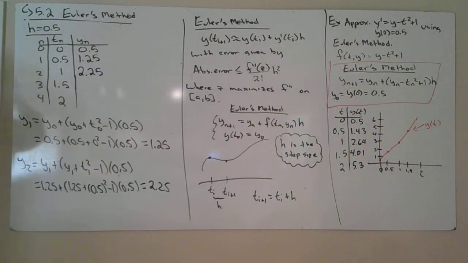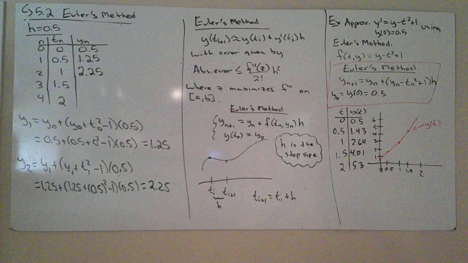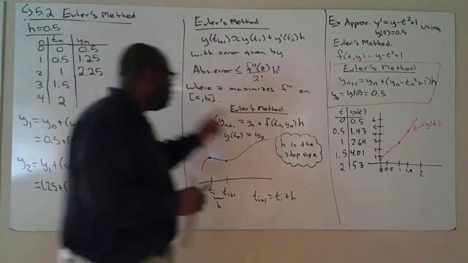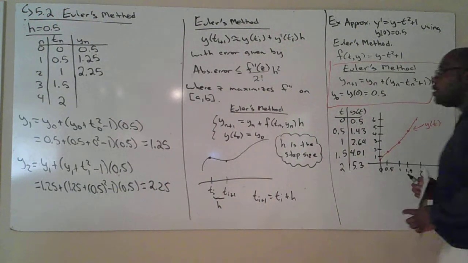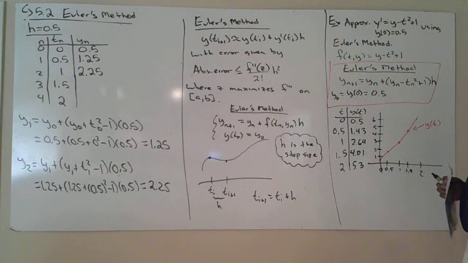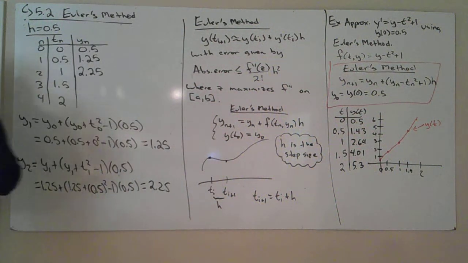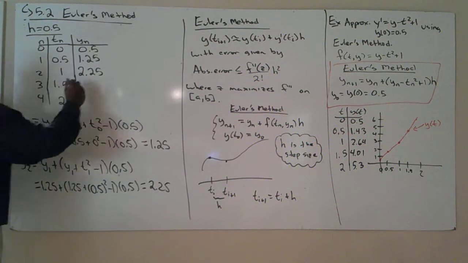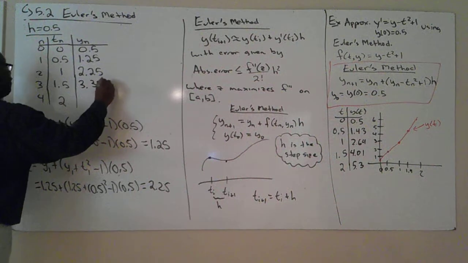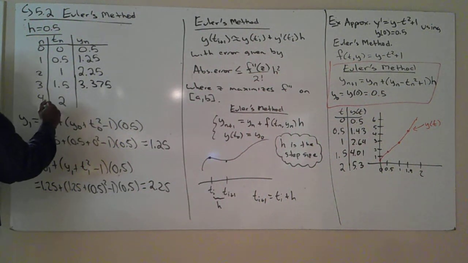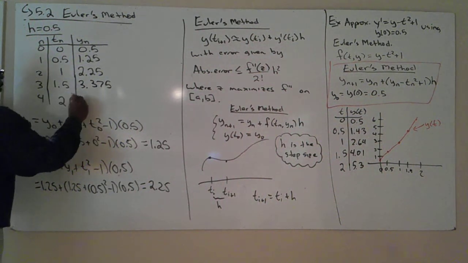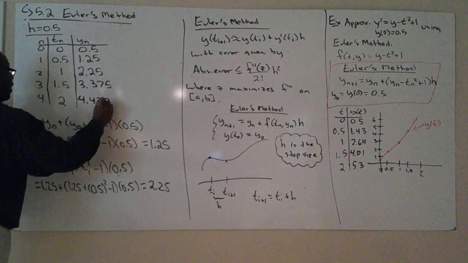And if you look at the value of our solution at 1, we get 2.64, not a great approximation, but at least it's in the same ballpark. If you do y sub 3 and y sub 4, this is what you get. Y sub 3, I get 3.375, and y sub 4, I get 4.4375.